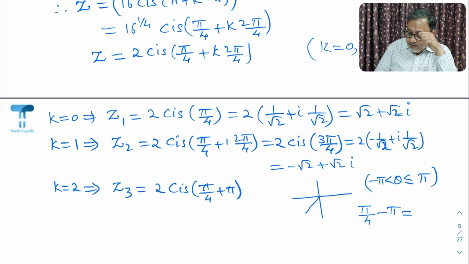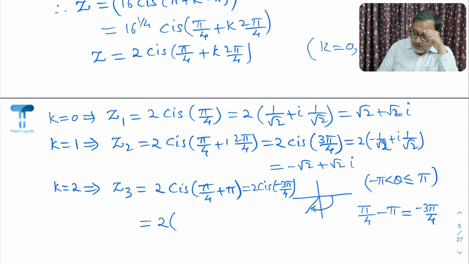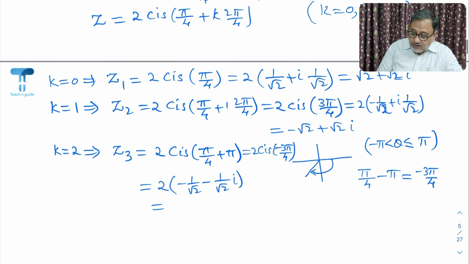I am somewhere here, so I should write this angle. So that will be minus 3π/4, right? Is that clear to you? So 2 cis minus 3π/4, and in the third quadrant both of them are negative, so negative 1 by root 2, negative 1 by root 2 i, and finally it will be negative root 2, negative root 2 i. So both of them will have the negative sign.